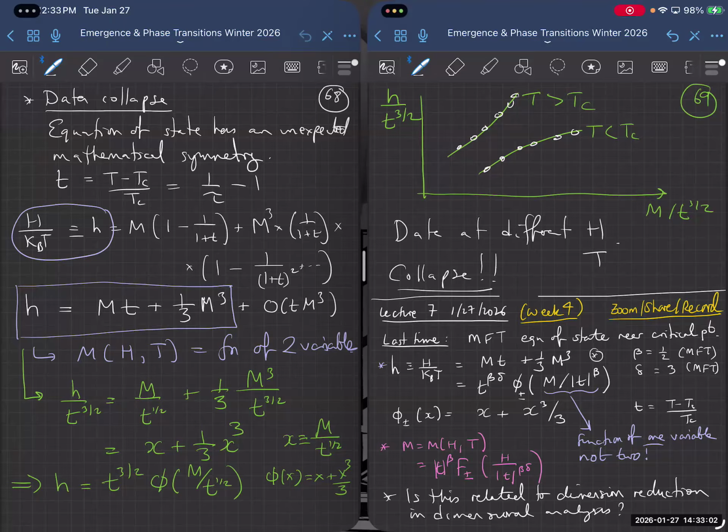At the end of the lecture, I showed you that we can write that in the form of t to the power beta delta times a function of m over t to the beta, where that function is x plus x cubed over 3. And beta was 1/2, which was the mean field exponent for the order parameter, and delta was equal to 3.